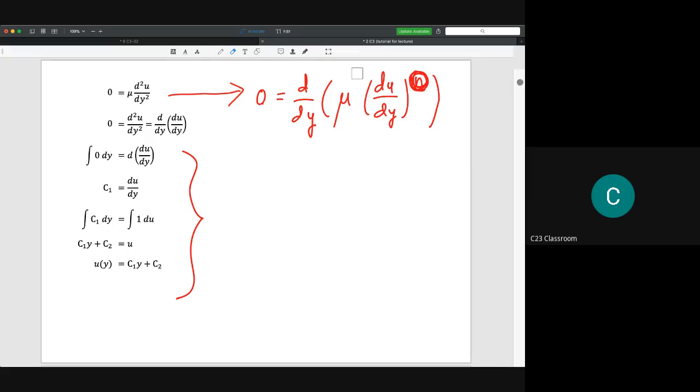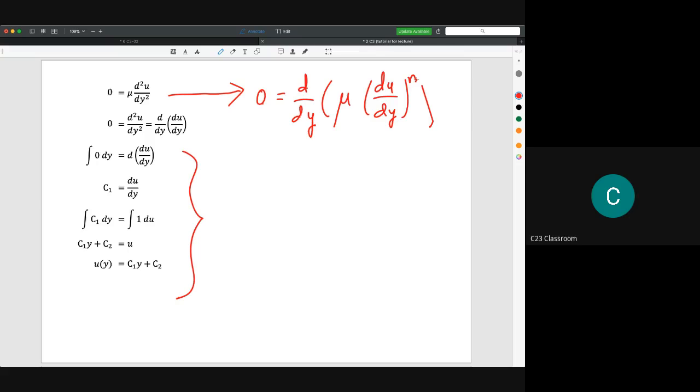And then finally you could find that whether n is equal to 1, or less than 1, or more than 1, they will give you the same answer.